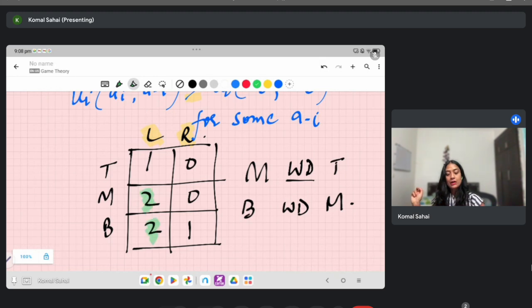But when R is chosen, then at least एक case में the inequality is strict. So B weakly dominates M. But you also find that B strictly dominates T. क्योंकि 2 is greater than 1, 1 is greater than 0.